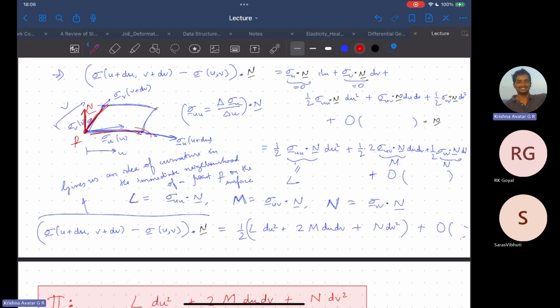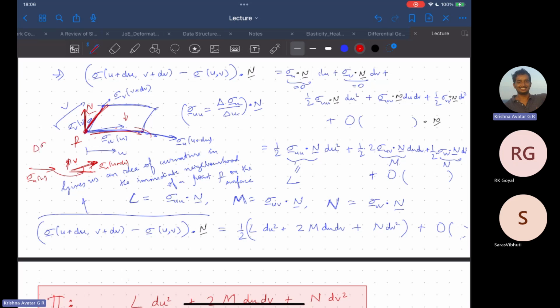If you look at this from the top, you would find that this is sigma u at u, and this is sigma u at u plus du. So along this line, if you look along the v direction, you also see some turning. I hope I am able to make it clear. If you look from the top, along the v direction you also see that there is a change. So this results in cross coupling.